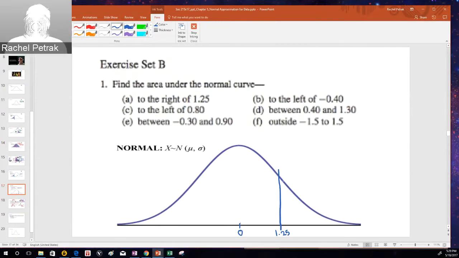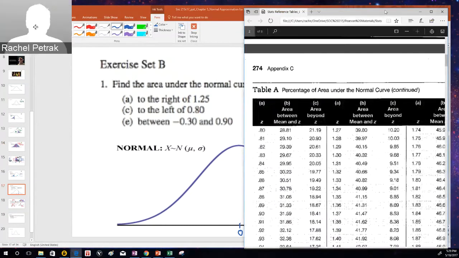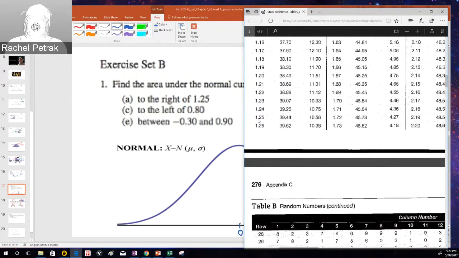It really doesn't matter if you're wrong, but somebody guess. Thank you, Candace. I appreciate that. You're correct. It's C. So we just go to our Z table here and look at column C. Well, first we're going to find our Z score because we already know our Z score is 1.25, and we want to know what's the area to the right of 1.25. It's simple. It's going to be 10.56. It's there in column C.